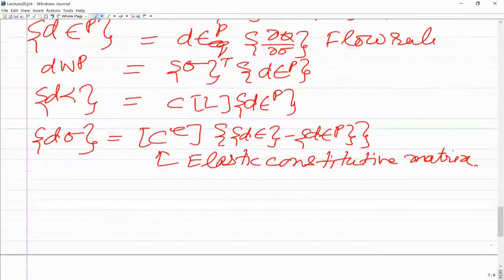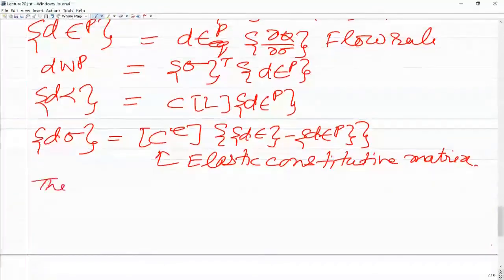So the approach which I discussed for the elastoplastic loading, this calculation of delta sigma, that is referred to as return mapping. Let me write that.